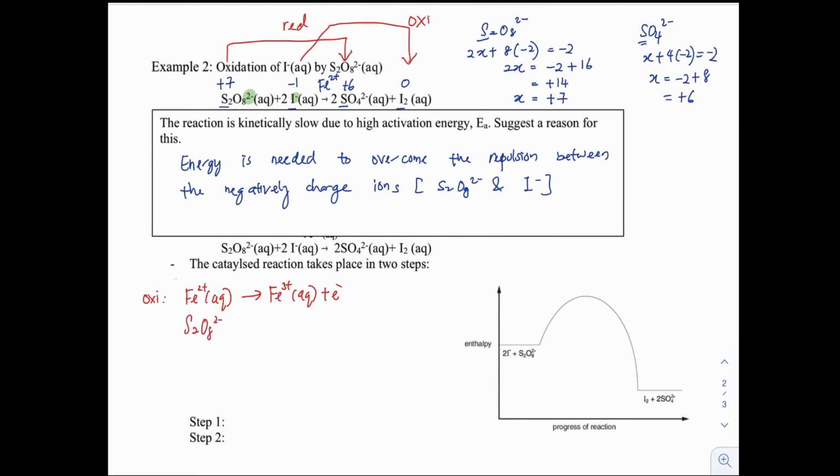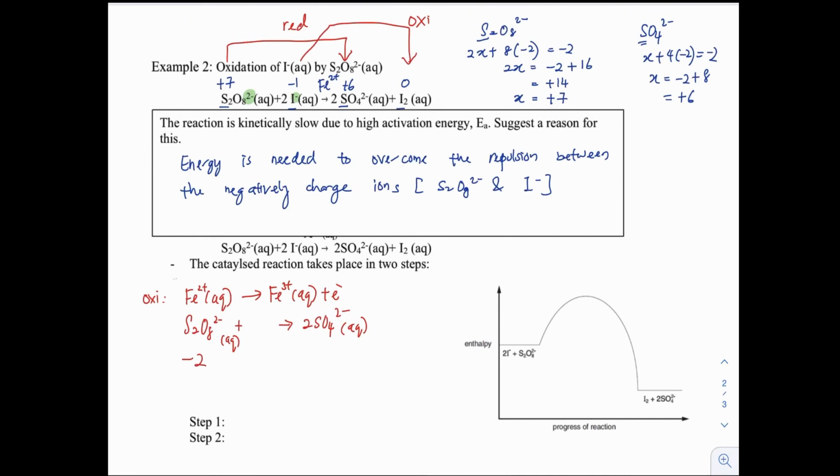S2O8 2- plus an unknown number of electrons to get this. So how do we balance this equation? If you take a look closely, the overall charge on the left hand side, which is this side, is negative 2.